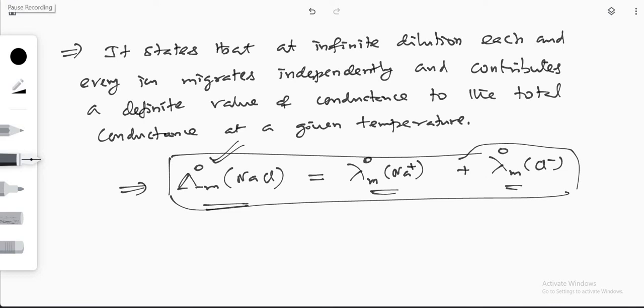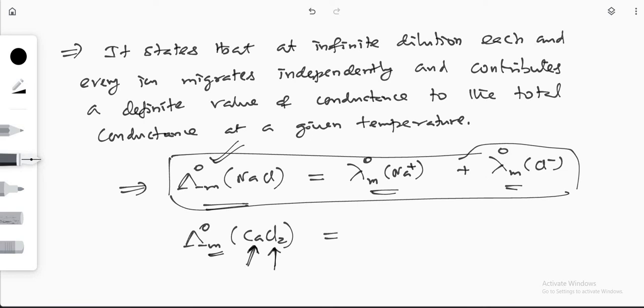See, instead of sodium chloride, if you take calcium chloride, how to write that? Molar conductivity at infinite dilution for calcium chloride. Each molecule of calcium chloride gives one calcium ion and two chloride ions, right? Therefore, molar conductivity means we should take 1 mole. If you take 1 mole of calcium chloride, you will get 1 mole of calcium ion and 2 moles of chloride ion.